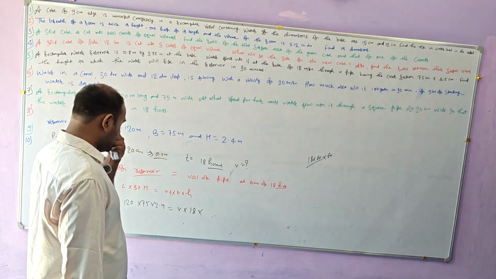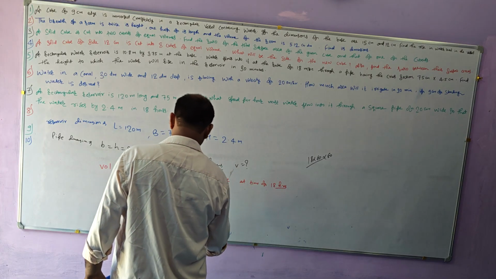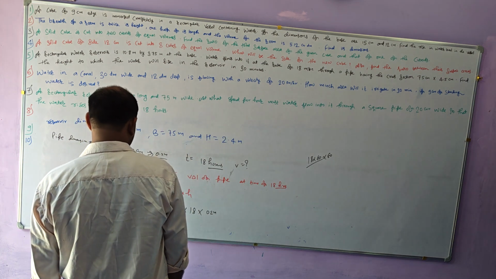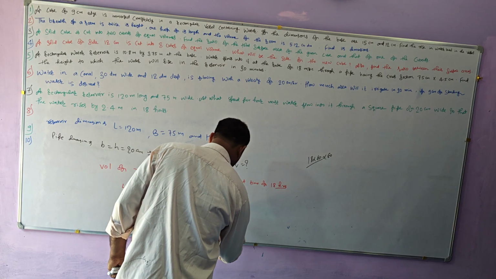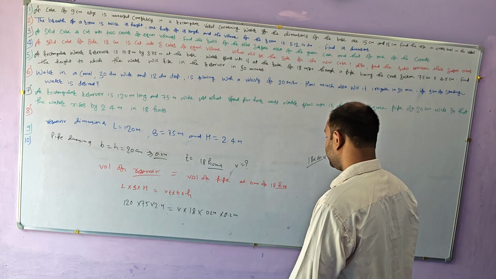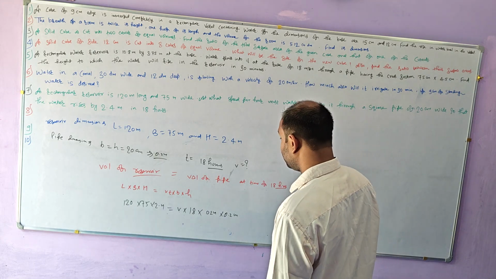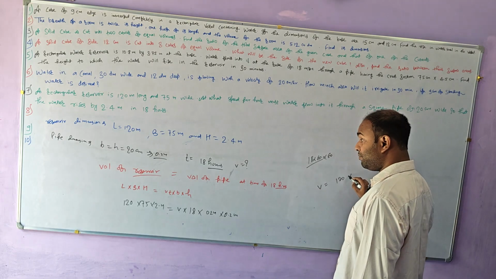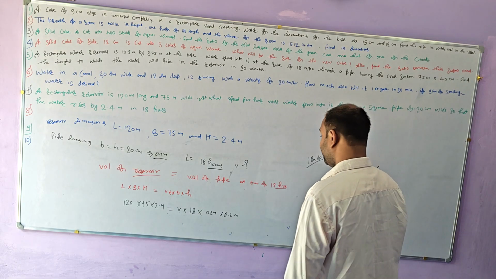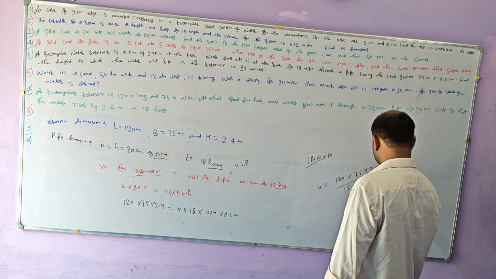All the units are in the same manner, so 0.2 meter, 0.2 meter, and height is also 0.2 meter. So from this, V is equal to 120 upon 75 into 2.4 upon 18 into 0.2 into 0.2.